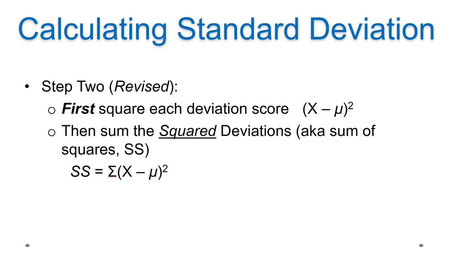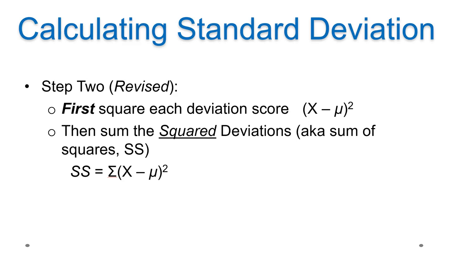Once we've squared each deviation score, we then add up the squared deviations. This total is called the sum of squared deviations. The formula is sum of squares, SS, is equal to sigma, parentheses, x minus mu, close parentheses, squared.